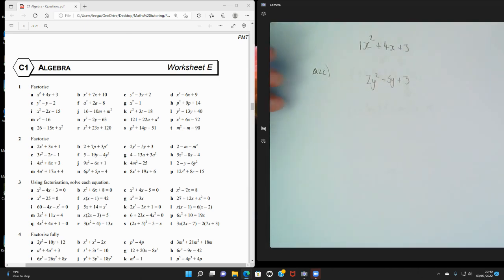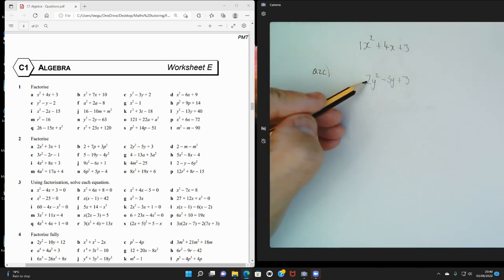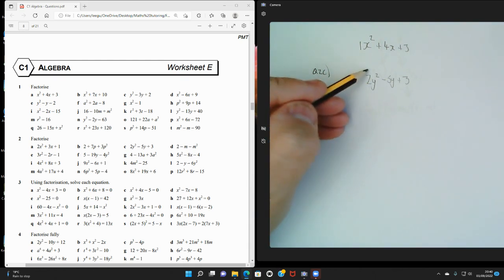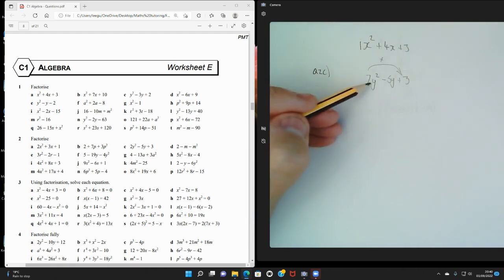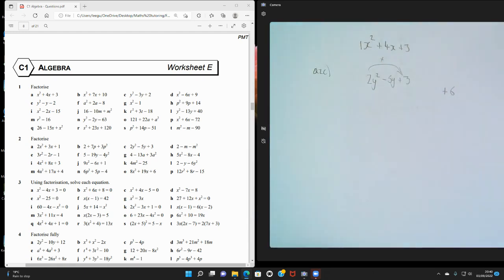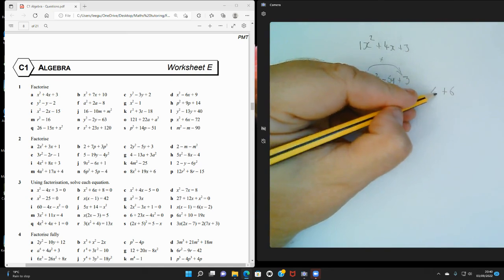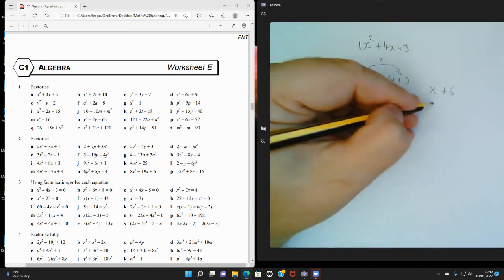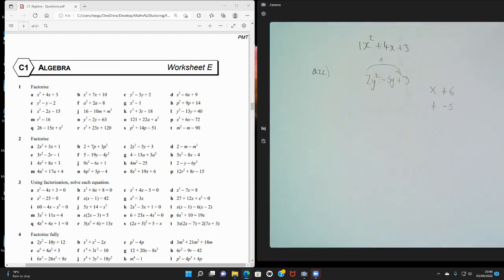So how does this method work? You take the number that's in front of the squared term and multiply it by the last term. So you do 2 times 3, which is positive 6. Then you go back to the same question we asked in the previous lesson: I'm looking for two numbers that multiply together to make 6, but add together to make minus 5, the middle term.